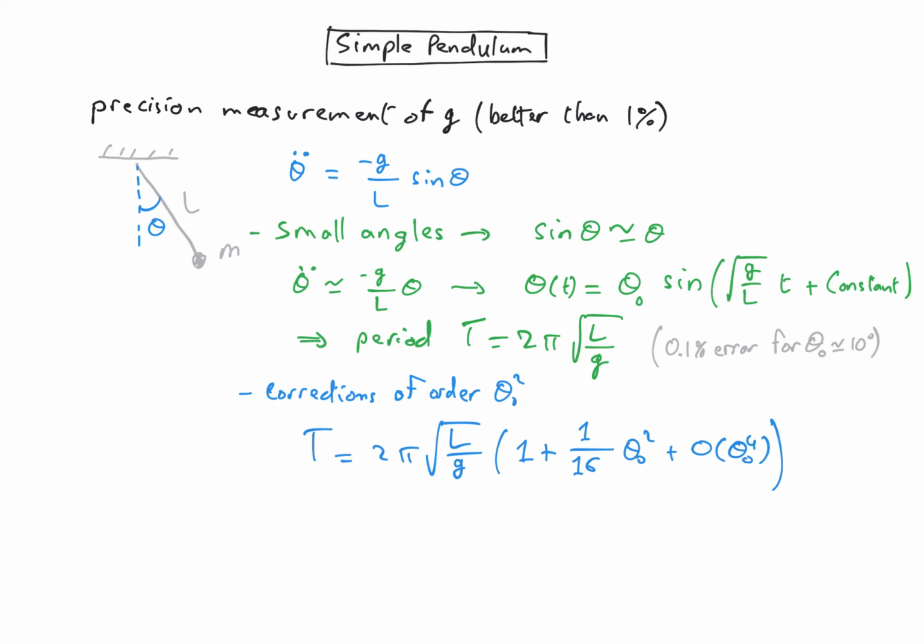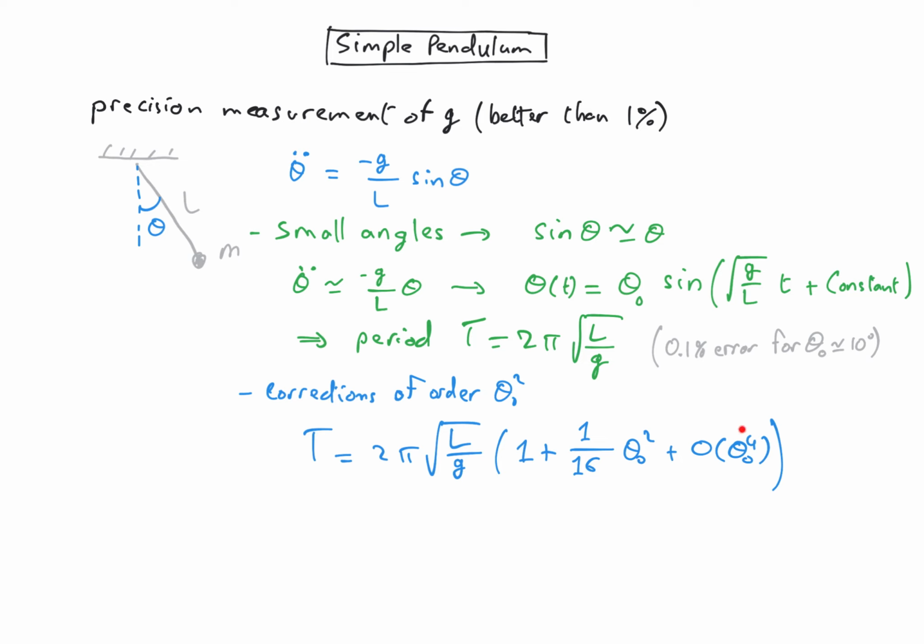This expression is not exact because the period T has, in addition to the initial value of the period we got for small theta 0, a correction in theta 0 squared, and it has also higher order terms in theta 0^4, theta 0^6, etc.